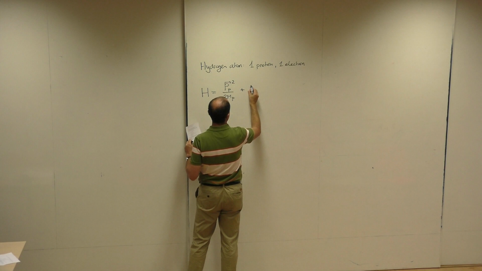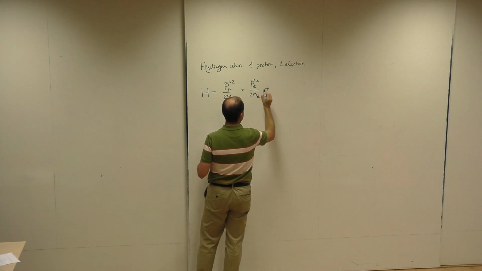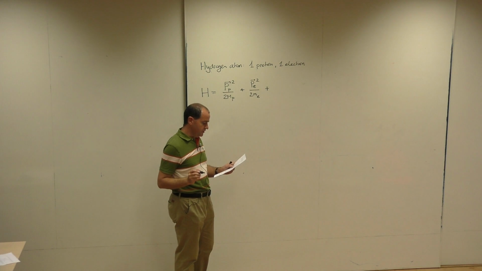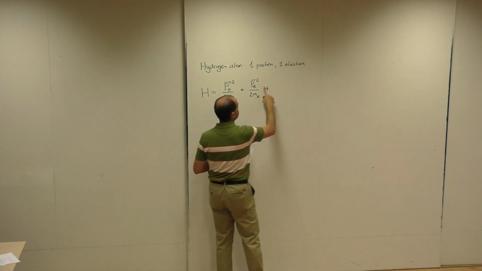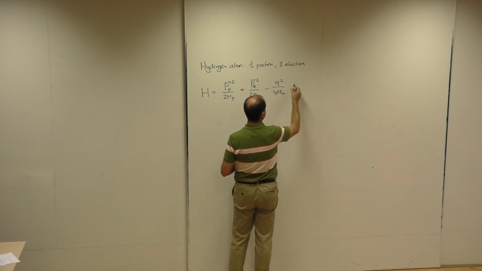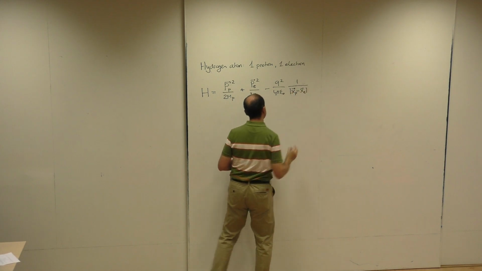Then you have the kinetic energy of the electron, and then the Coulomb potential between the electron and the proton, which is something like minus q squared over 4 pi epsilon 0, 1 over the position of the proton minus the position of the electron.